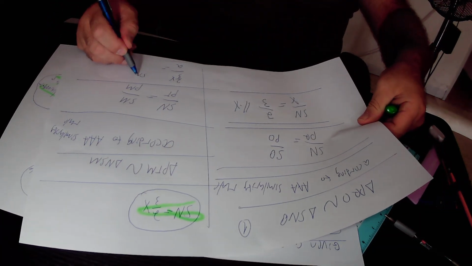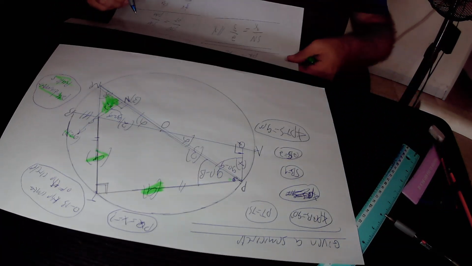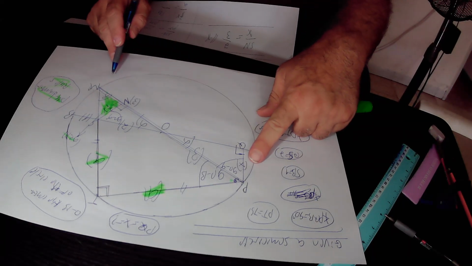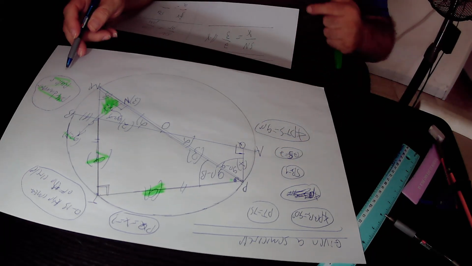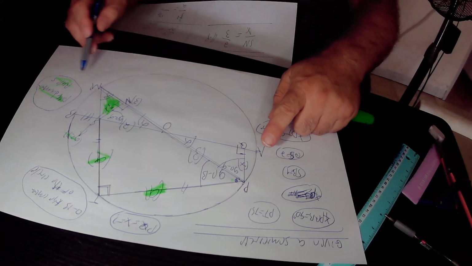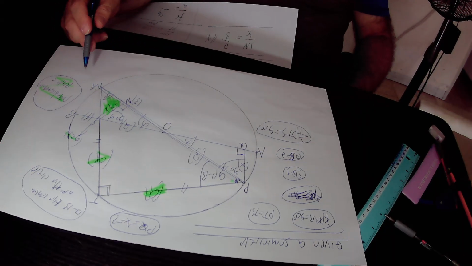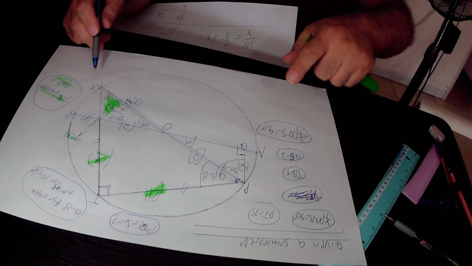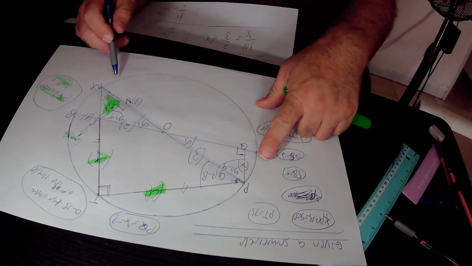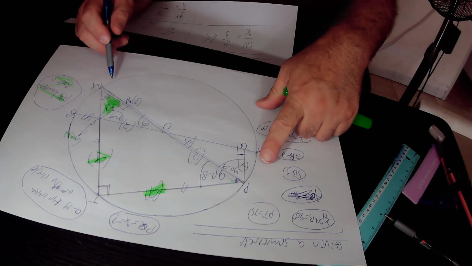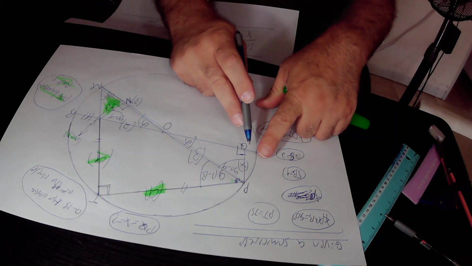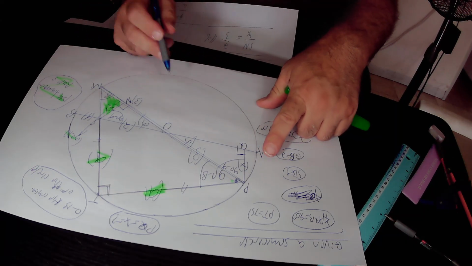Then we have SM over PM. PM is the diameter of this circle. The radius is 3, therefore the diameter must be equal to 6.